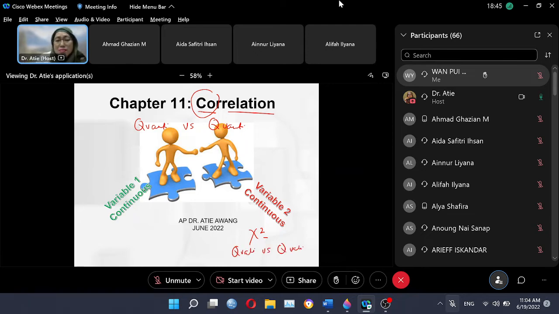So what does it mean by quantity versus quantity? Quantity is something that you can count. Whenever you ask people, they will give you responses in terms of numbers, in numeric form.